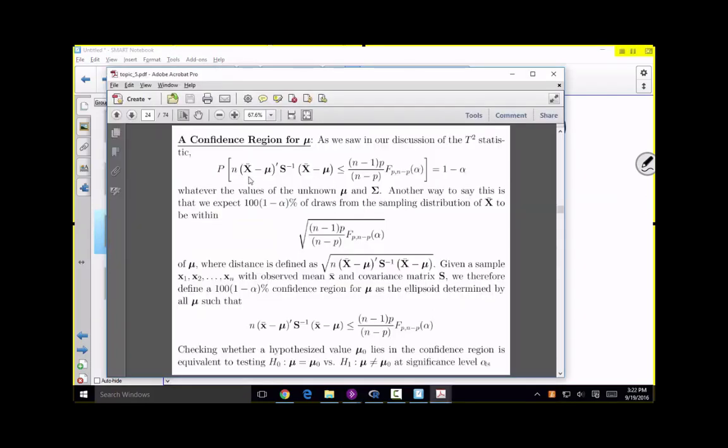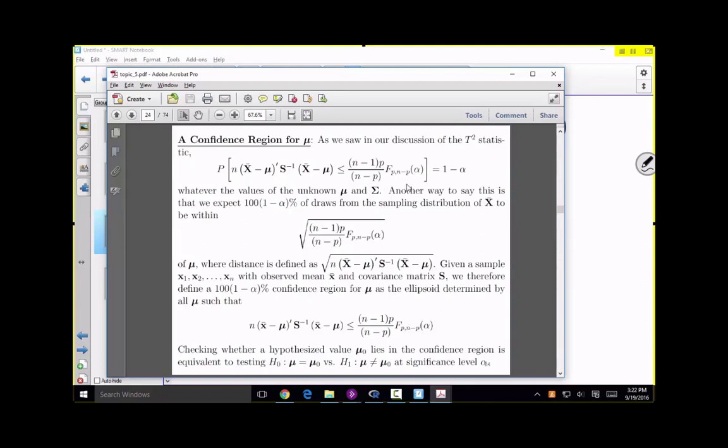It's this thing right here. And what we've seen is that if you have multivariate normal data, then the distribution of this thing is a scaled F that we saw in an earlier slide. So this is a scalar random variable, and under the assumption of multivariate normality, it has a scaled F distribution.